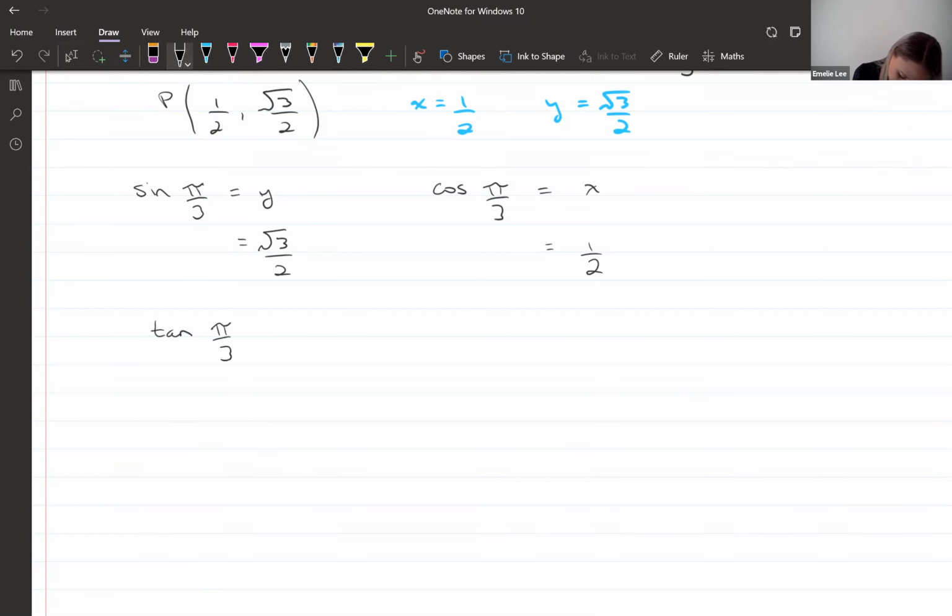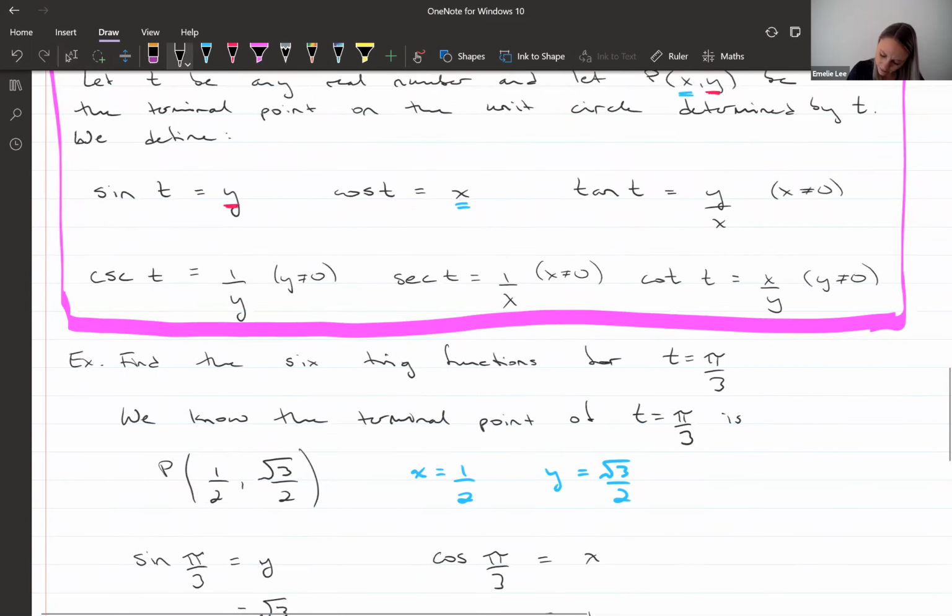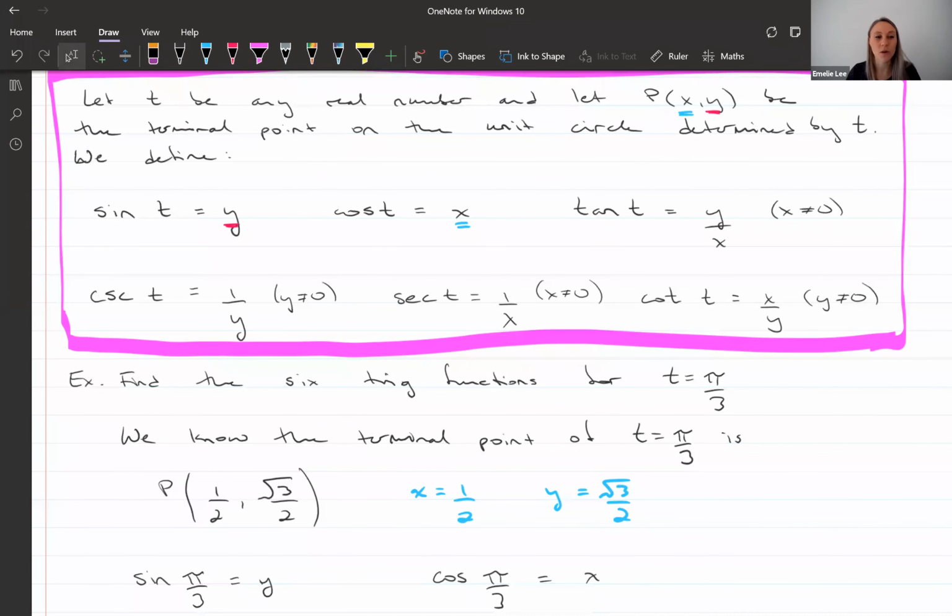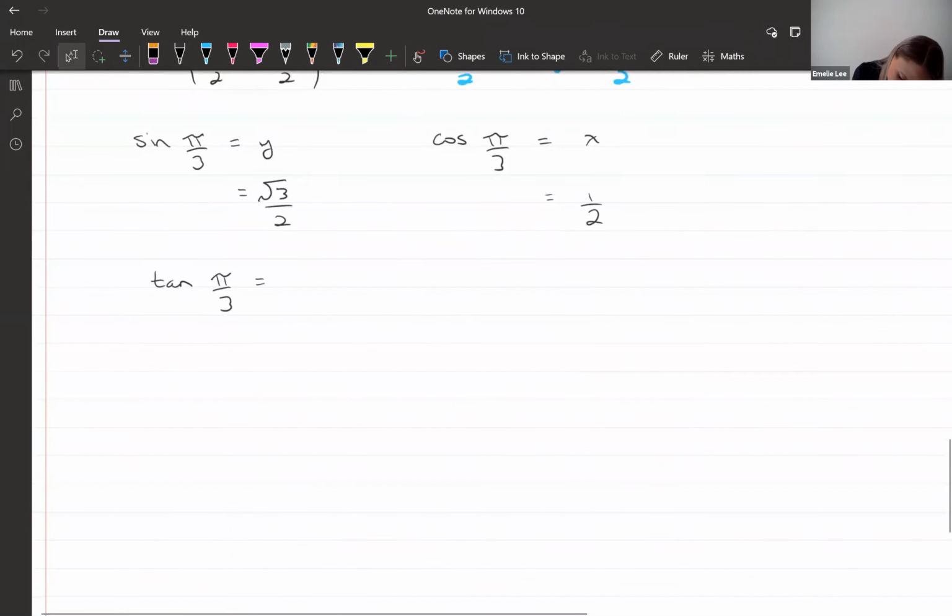I'll just do 2 on each line, otherwise it gets too messy. Tan of pi over 3 is y over x. We have to make sure that x is not equal to 0. In this case, x is 1/2, so it's okay. We're not going to divide by 0, so we're safe. So it's y over x, which is root 3 over 2 divided by 1/2.